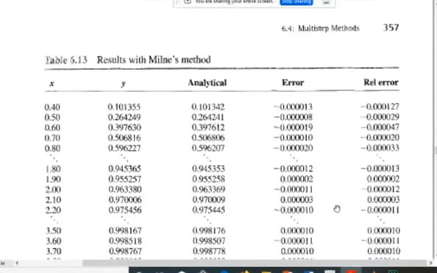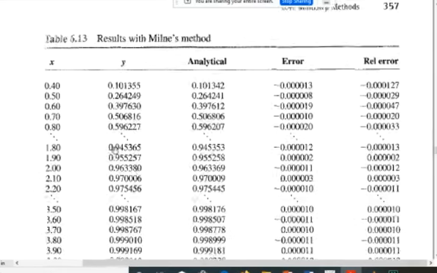You can see here the exact values are shown in the third column, under the analytical y, analytical errors and relative errors.